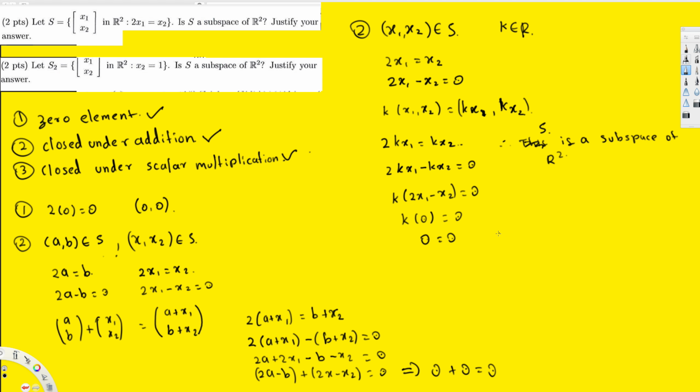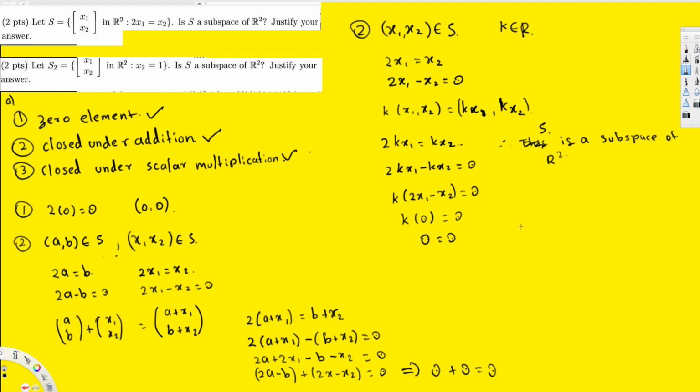And let's do the second question. The second question is much easier because it's only one step, since it's very obvious here. I'm checking the first thing, whether it has the zero element. If you substitute 0 for x2, it's not going to be equal to 0, because it's going to be equal to 1.